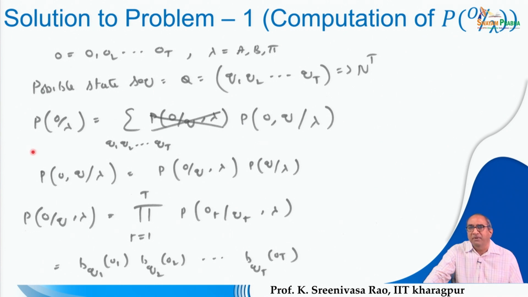So, P of O given lambda, the probability of the observation sequence from the given model, can be computed as follows.